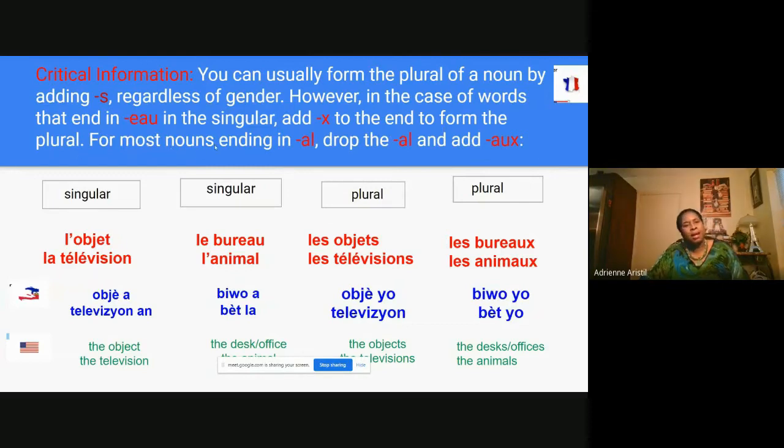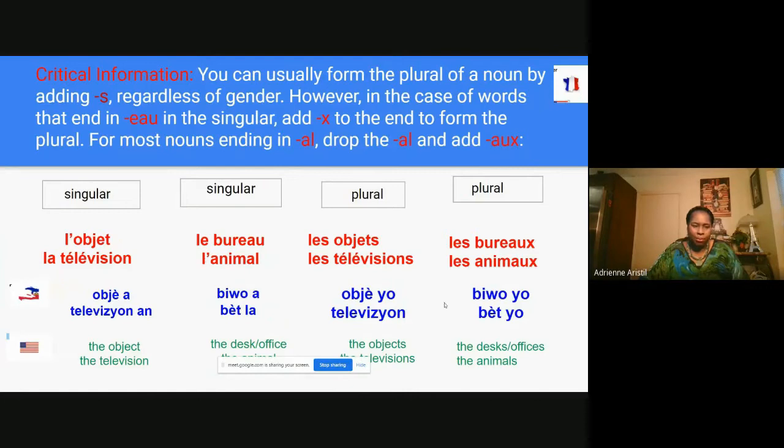For most nouns ending in AL, you will drop the AL and add EUX or AUX. And this gives you the sound O.